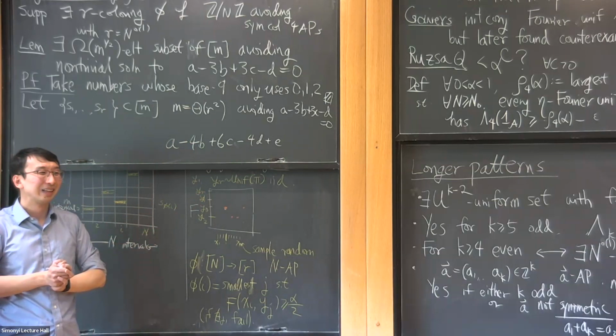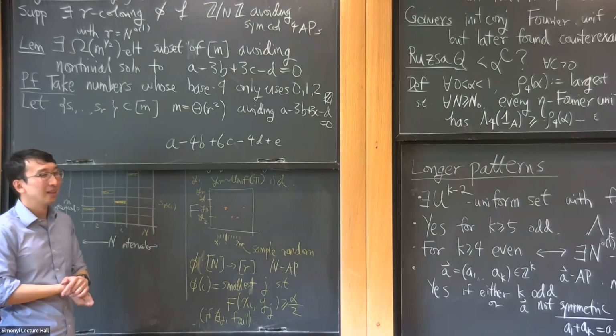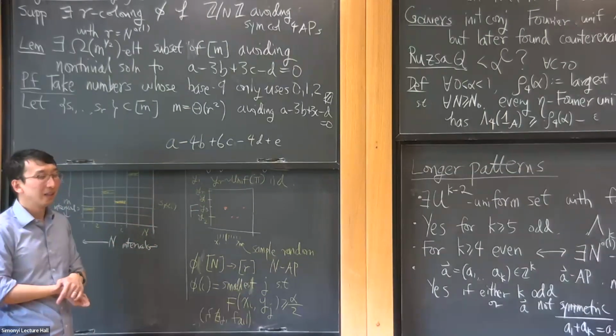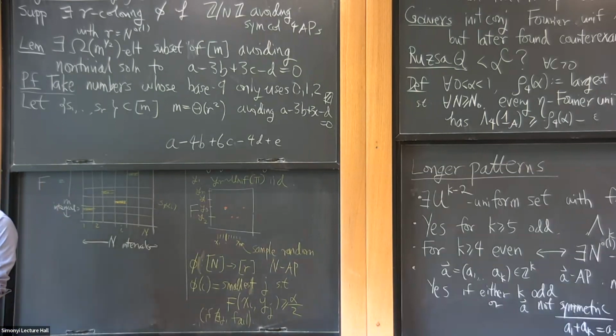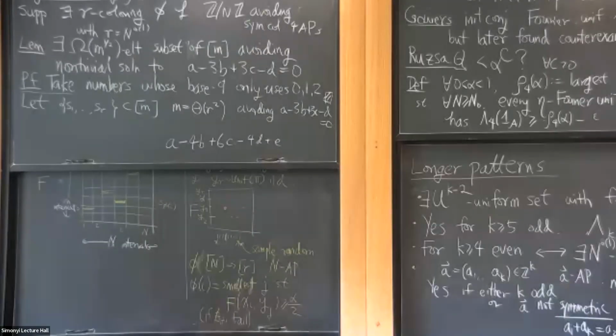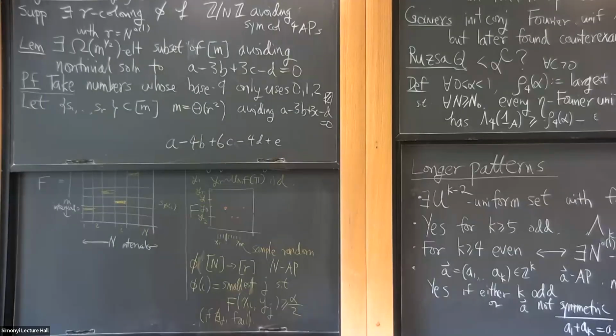I'm going to copy Vitaly and ask, have you thought about multidimensional versions? Like a set that's pseudorandom with respect to a box norm and the 2 skew box norms that control the count of corners. Can it have very few axis-aligned squares? We have not thought about that, but let me think more about it.